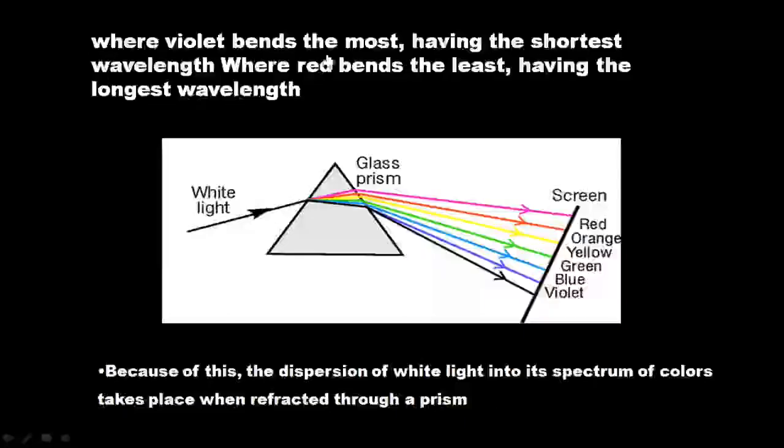So violet bends the most because it has the shortest wavelength, and red bends the least, having the longest wavelength. Because of this, the dispersion of white light into its spectrum of colors takes place when refracted through a prism.